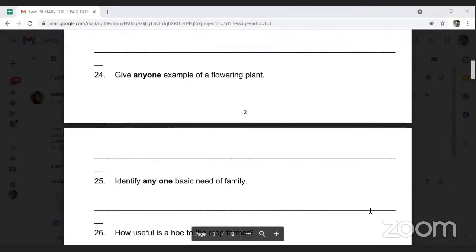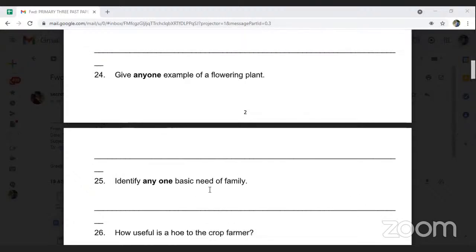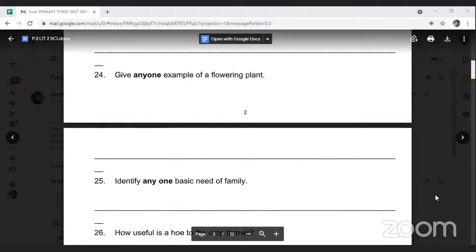Asante, read phrase number 25. Identify any one basic need of a family. Any one basic need of a family? Which one of you is going to mention one? Starting with Shadrach.